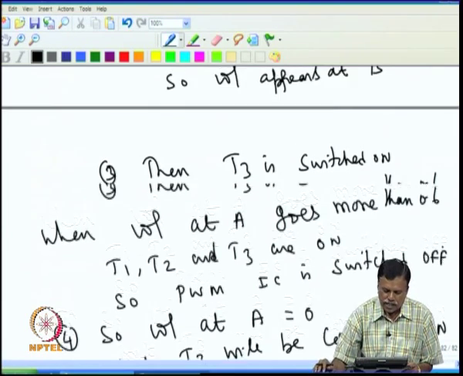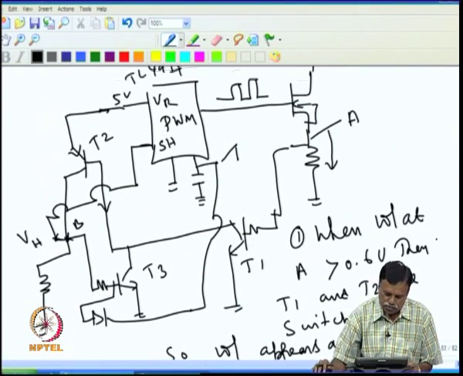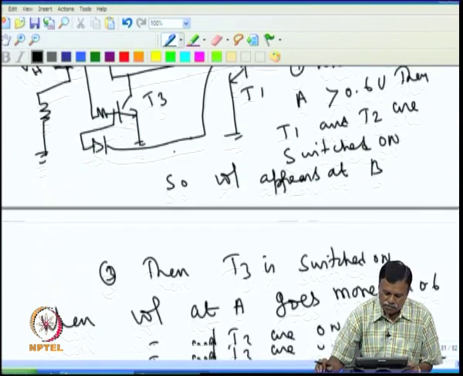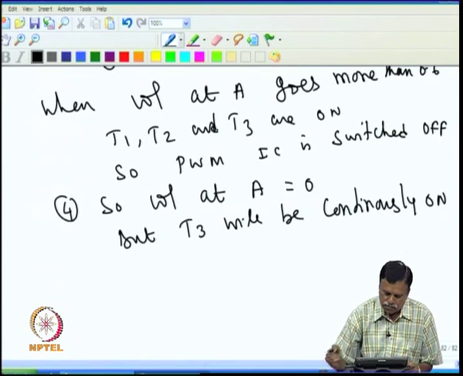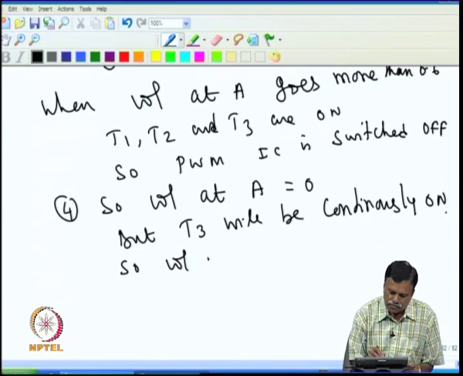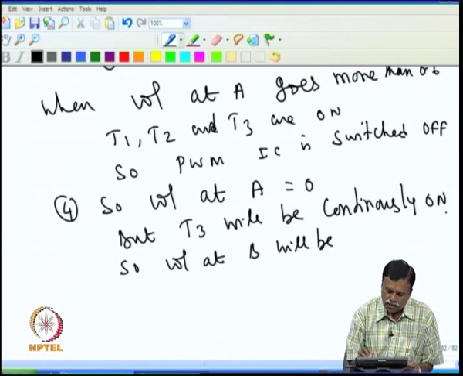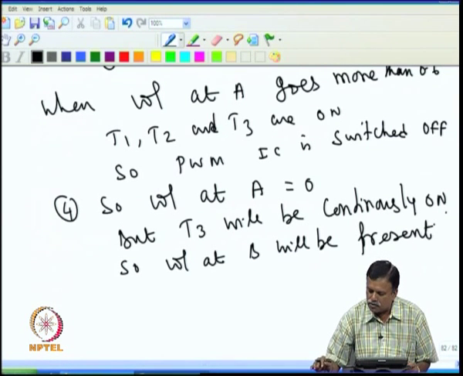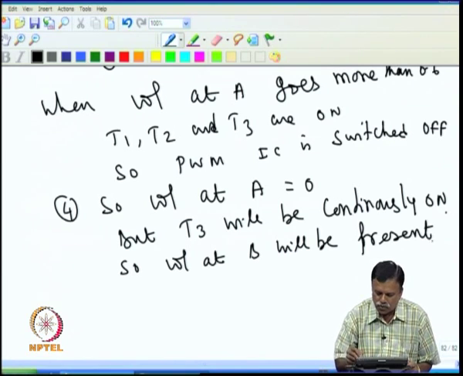That is the latch function. Even though the original voltage disappeared, T3 will be continuously on and voltage at B will still be there. So, voltage at B will be present even now.